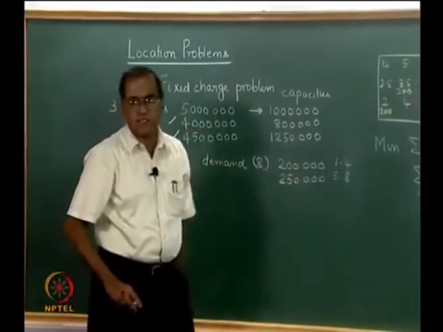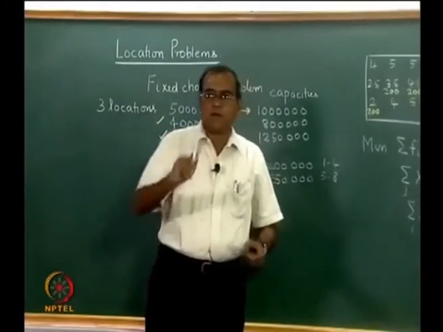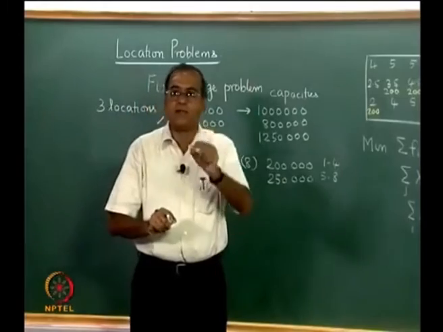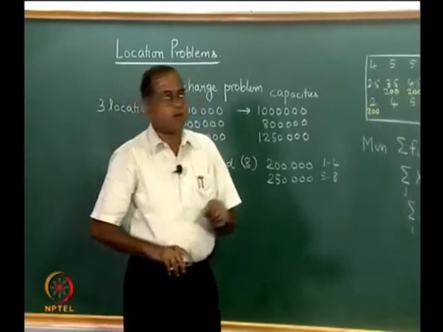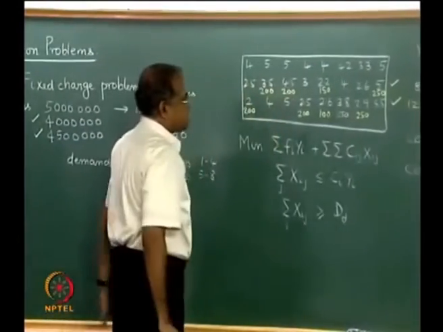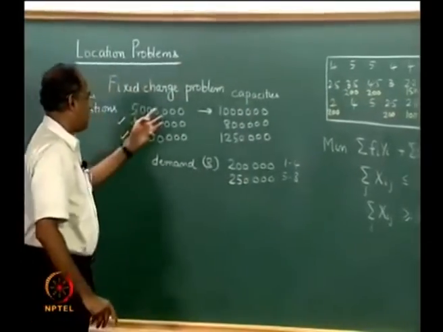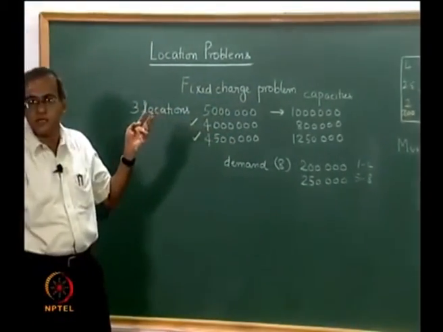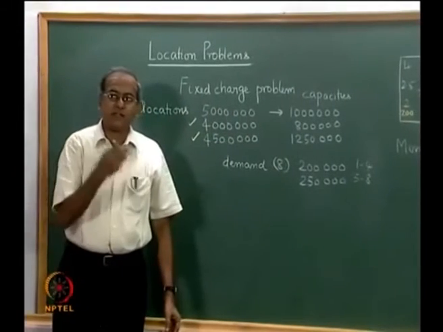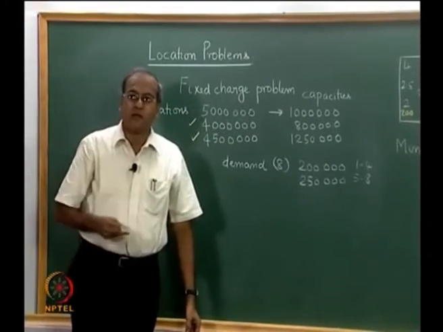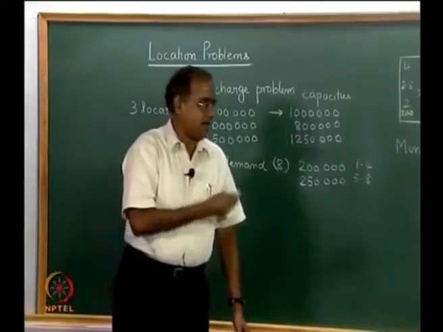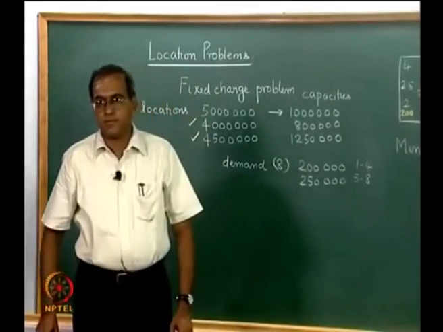Then from the transportation solution, we can do some local optimization to try and reduce this cost further. But for smaller sized problems such as this, which involves only 3 potential locations and 8 demand points, it is always easy to solve this problem optimally using any solver and try to get the best solution to the problem.